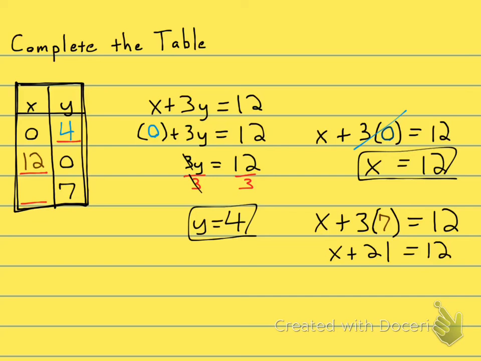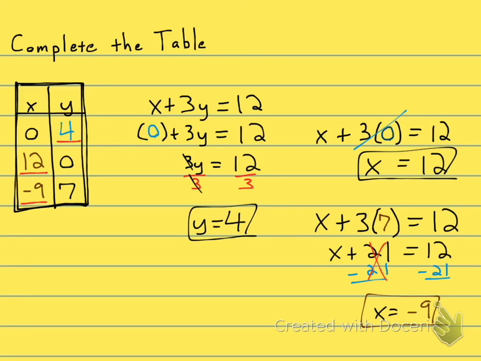And one more step to get the x by itself. Subtract 21 from both sides. 21 minus 21 is 0, so x equals 12 minus 21. Grab my calculator. 12 minus 21 is negative 9. And that's fine if we get a negative for an answer. x is negative 9. So if y is 7, x is negative 9.